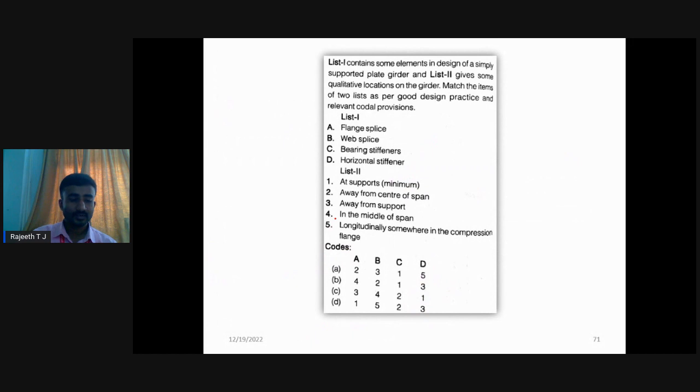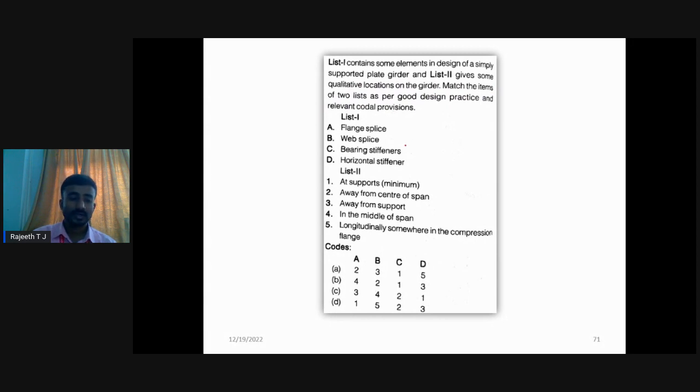Okay. The next question here: different elements are given, and we need to check where we need to place those elements. List one contains some elements in the design of a simply supported plate girder, which is nothing but a beam, and list two gives some qualitative locations in the girder. Match the items of list one to list two as per good design practice and relevant codal provisions.